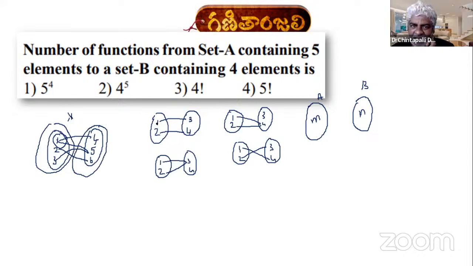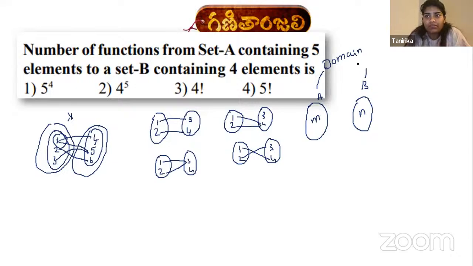Here A contains 2 elements, B contains 2 elements. Here A is called the domain. B is called the codomain. Range is different from it. Range is a part of codomain.